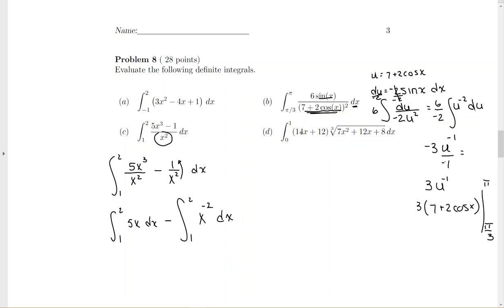Okay. For this guy, again, look for something under a radical that's kind of big and clunky, and it's got a bigger power than what's on the outside. So if I let u equal that big clunky thing inside, 7x squared plus 12x plus 8, then du, take the derivative, 14x plus 12 dx, which is pretty cool because you got the 14x plus 12 dx here.